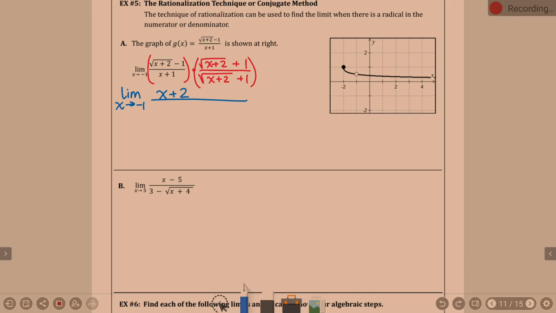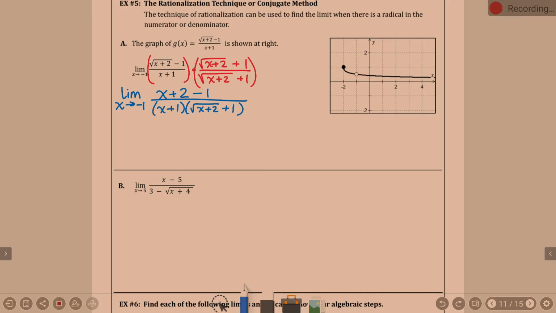Then -1 times 1 is -1. My denominator, I'm not going to FOIL out. I'm going to leave it as is, and good stuff will happen. So I'm going to leave it as x plus 1 times square root of x plus 2 plus 1. We got the square root out on the top, which is what matters.